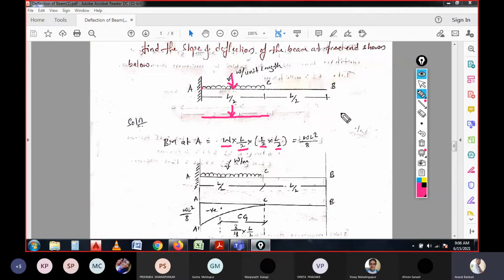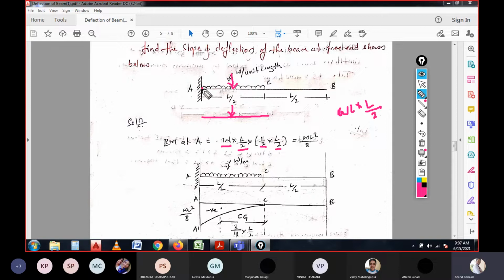I hope you remember that for a UDL, the load is calculated as W into L, and we use that to calculate the moment for the spanning UDL. That is what I have done, but instead of L, here it is L by 2. After solving, you will get WL square by 8.